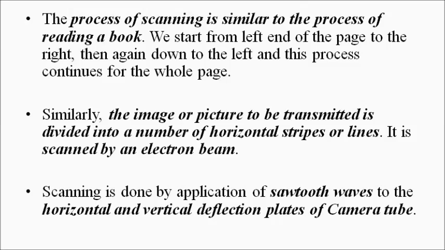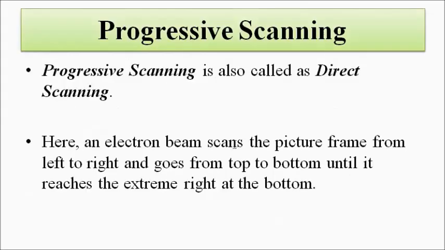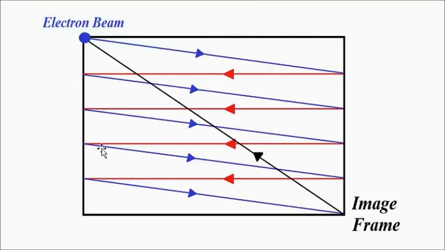So scanning, the progressive scanning, just like I said, is also called direct scanning. Like I said, it is equivalent to the process of reading a book. We have this image frame, whatever picture is captured by the camera. The electron beam starts from the extreme left at the top.